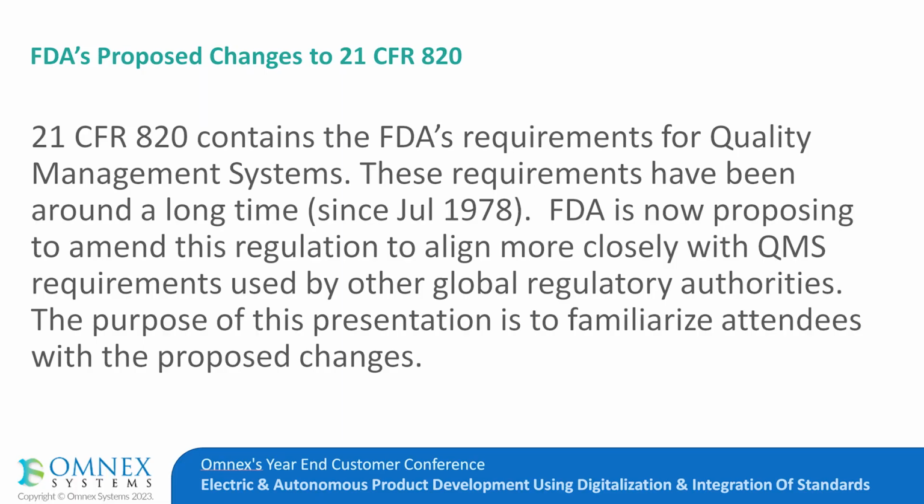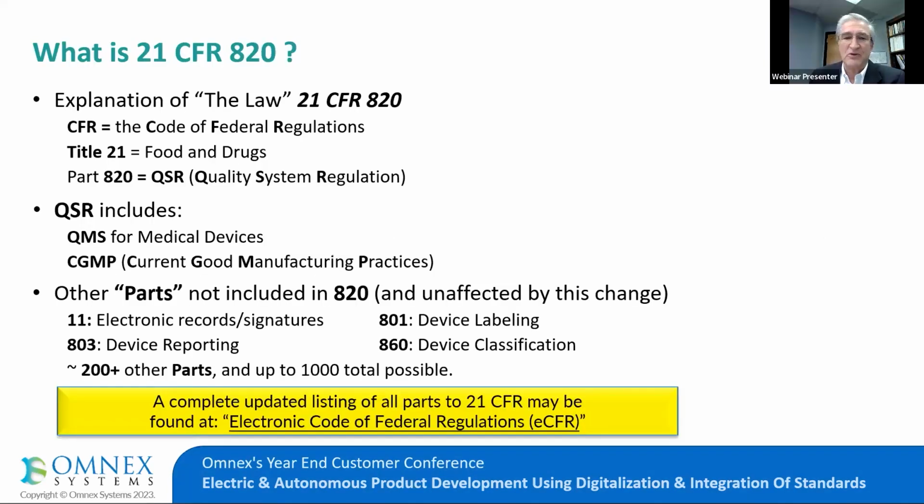As Miles stated, we're going to be talking on this presentation about adopting ISO 13485 into 21 CFR 820. Since we might have some newcomers, I figured we'd better start with what is 21 CFR 820.